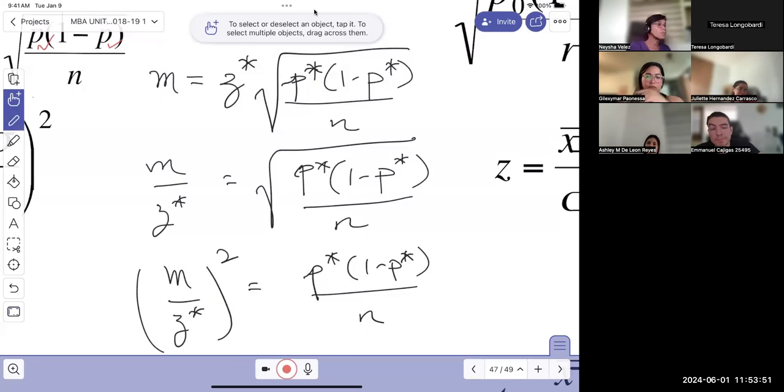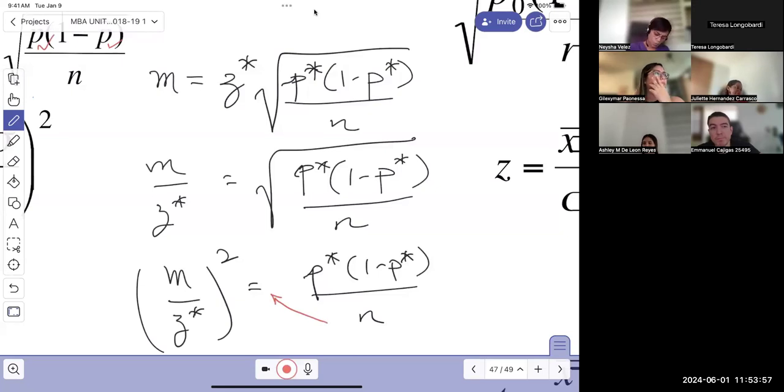You're going to flip that fraction and you're going to move this whole thing here. Cross multiply.